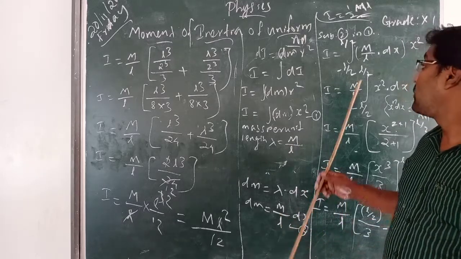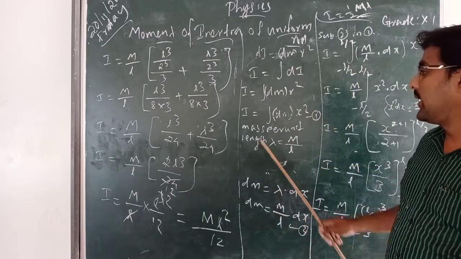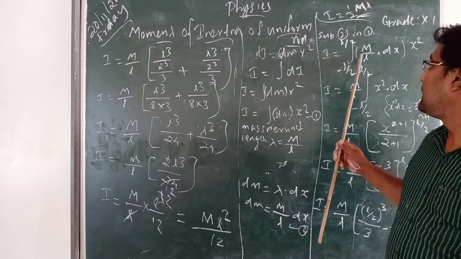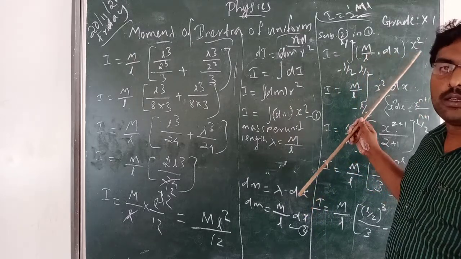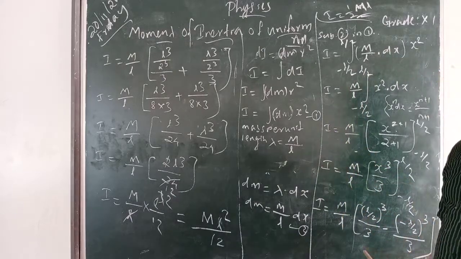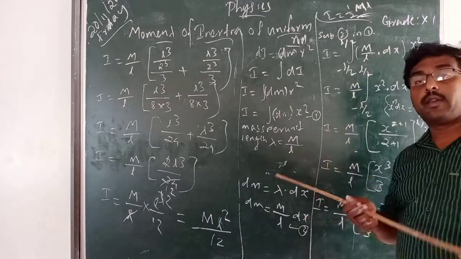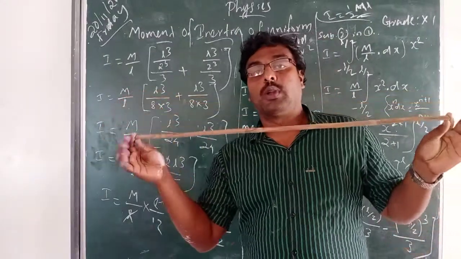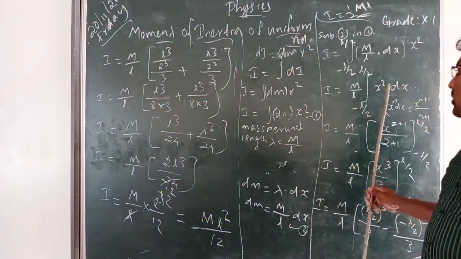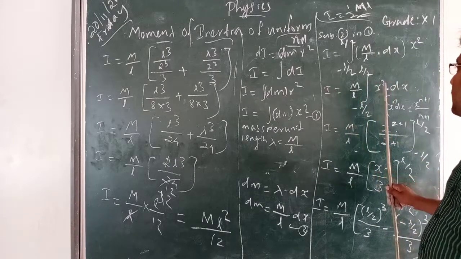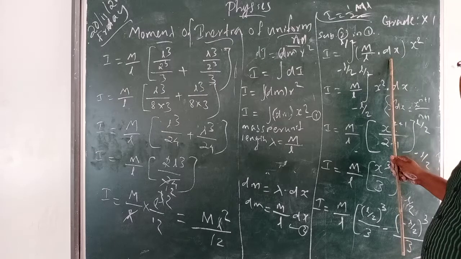Now substituting this in equation 1, I is equal to m by L dx into x square. Now we have to integrate with the limit, for the whole length, minus L by 2 to plus L by 2. m is constant, L is constant, take it outside, and the remaining is x square dx.